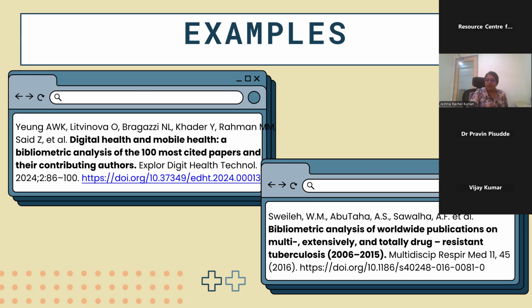I think you might have all read the manuscripts by now, example 1 and example 2. In the introduction, you can see that both manuscripts have been written kind of differently. Am I right?